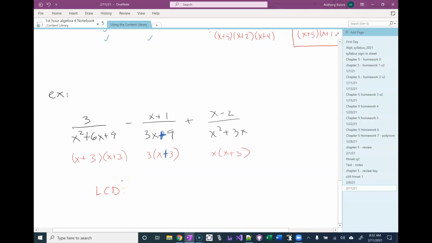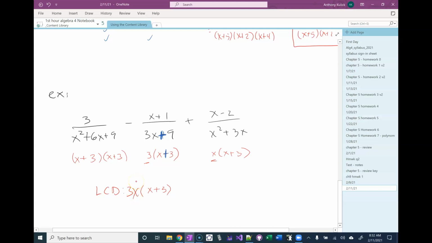All right. So, what prime factors does my least common denominator have to contain? Well, certainly we have an x plus 3, right? What else do we have? I have a 3 and also an x.